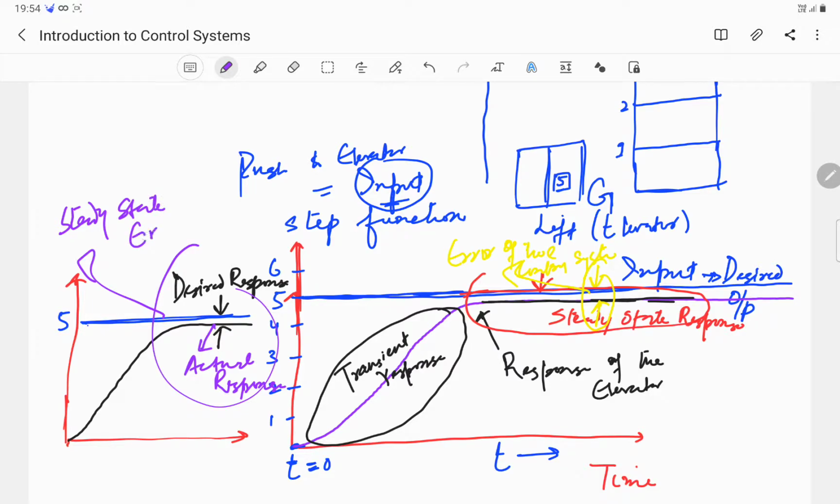It is the difference between the desired response and the actual response, which is this part of the curve, the steady state value. The difference between these two curves is the steady state error.